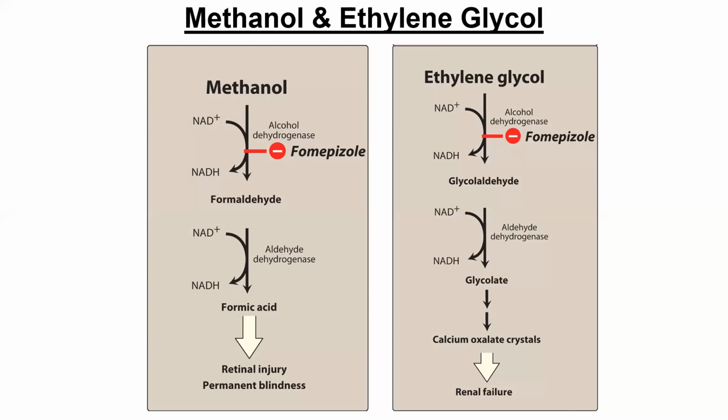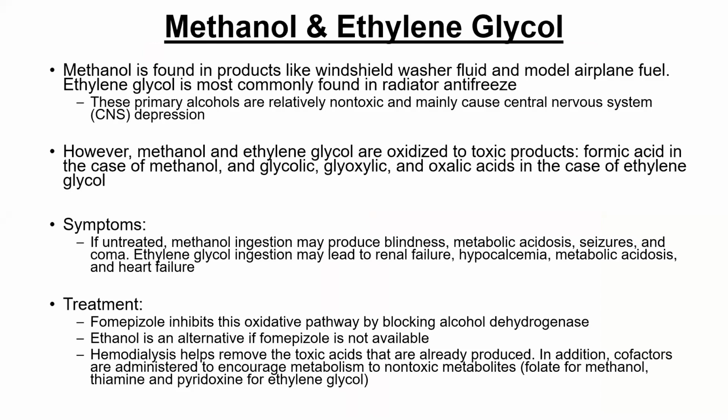So you're directing most of the enzyme to work with ethanol, and not much is available to metabolize methanol or ethylene glycol. When less methanol gets metabolized, less toxic metabolite is formed. So basically you are diverting most of the enzyme towards ethanol, away from methanol or ethylene glycol, and that's how ethanol helps in the treatment of either methanol or ethylene glycol toxicity.